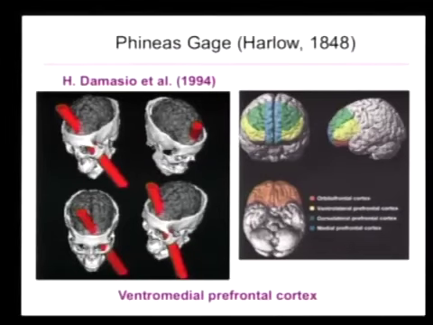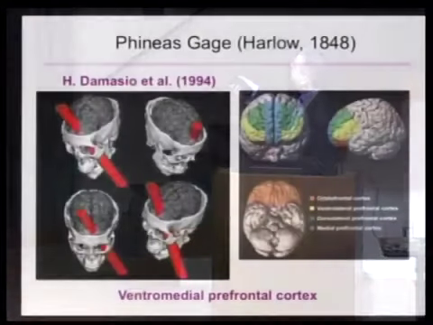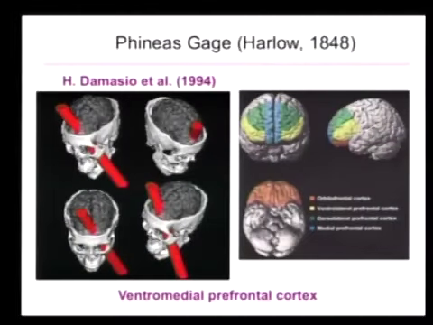And the part of the brain that is actually destroyed, or mostly impacted, is called the ventromedial prefrontal cortex. So just to orient you, this is the front of the brain, this is the back, and this area in blue here, certainly from here downwards, would be part of this ventromedial prefrontal cortex. And another part that would often be thought of as part of this area is called the orbitofrontal cortex, so called because it's just above the orbits of the eyes.